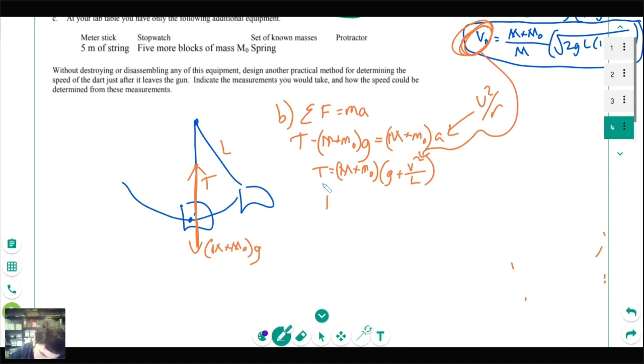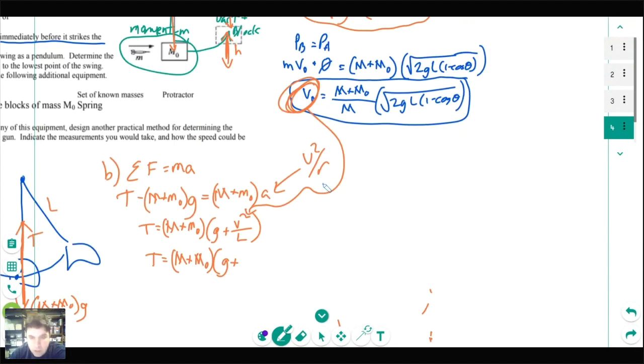So this will be tension equals m plus m naught times g plus all this wonderful stuff, all this wonderful stuff squared. All right, so plugging all that stuff in.